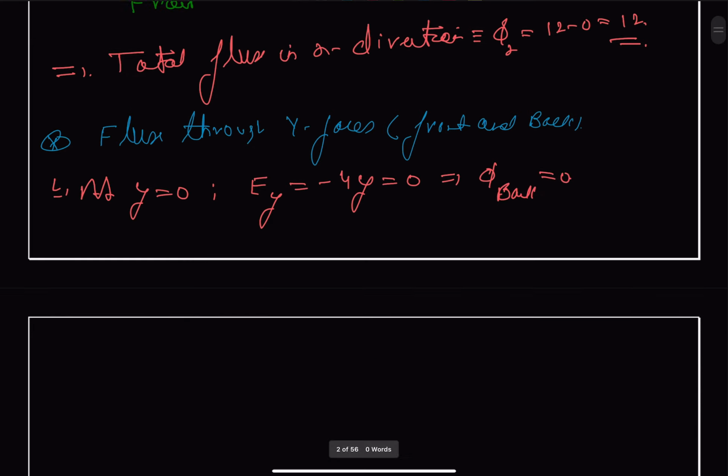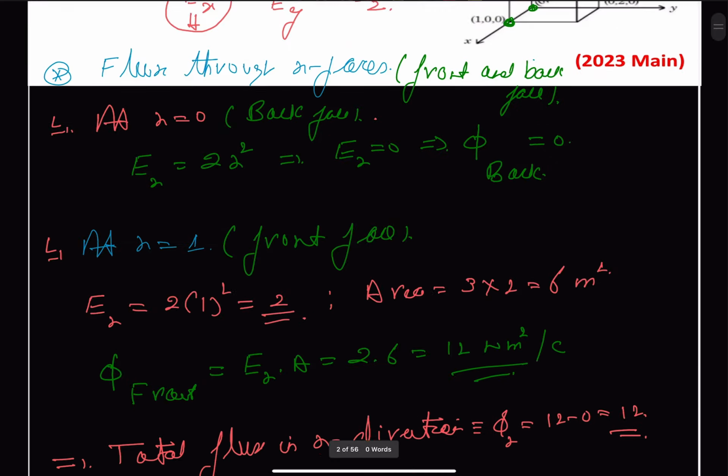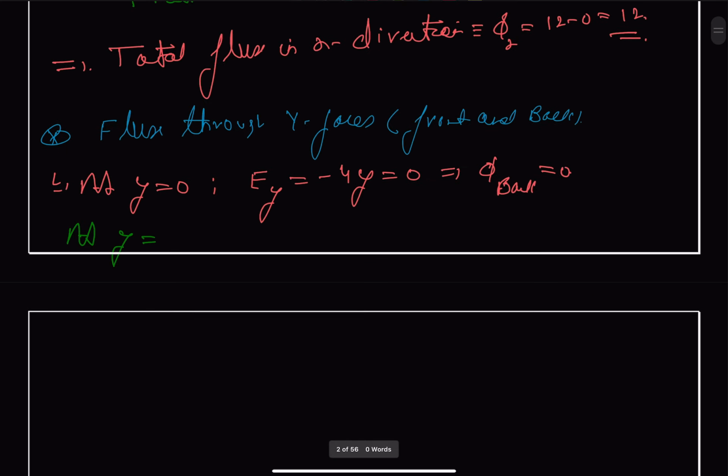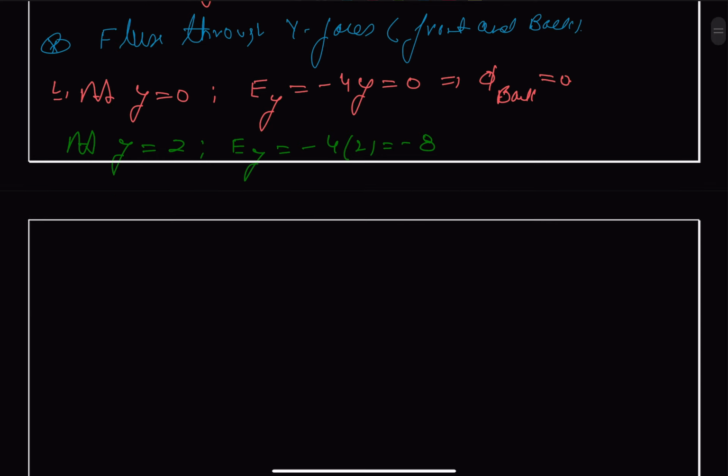And at y is equal to 2, we get E of y is equal to minus 4 multiplied by 2, giving us minus 8. And here our area will be equal to 1 multiplied by 3, giving us 3 meter square.